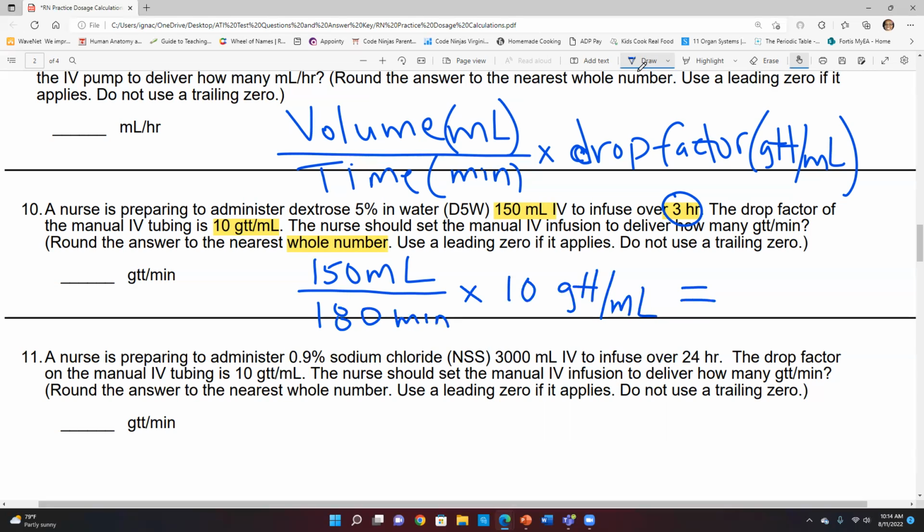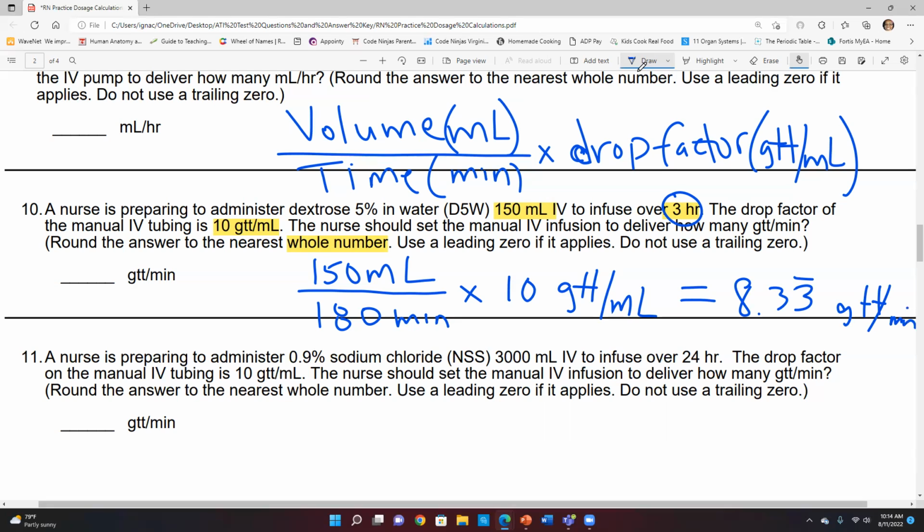When we do this calculation, 150 divided by 180, that gives us 0.83333, right? And then we will multiply that by 10, and we will get 8.333. The threes go on forever, right? GTTs per minute. But we're not done yet, right?